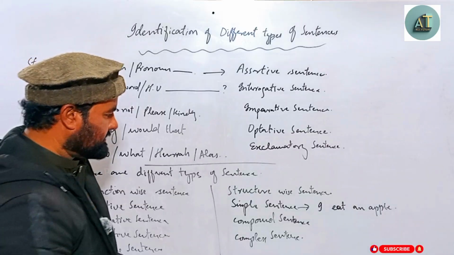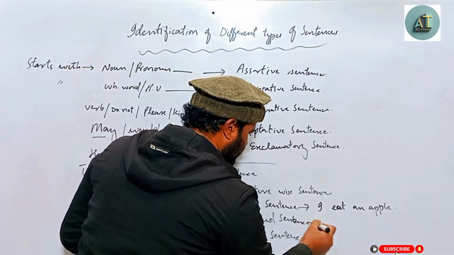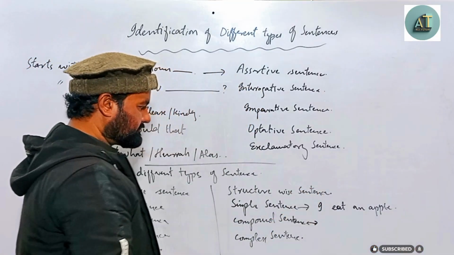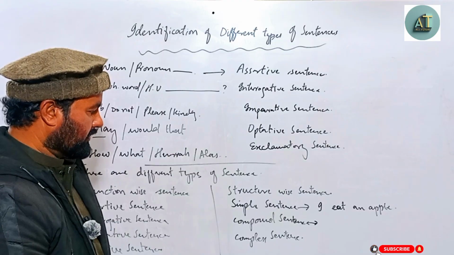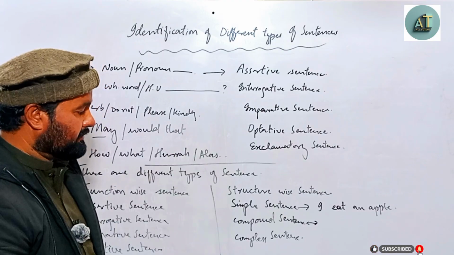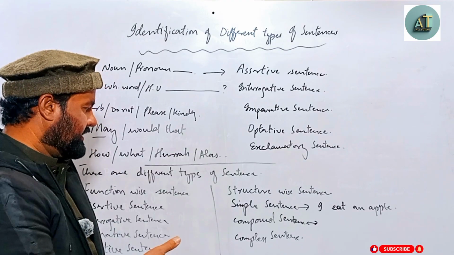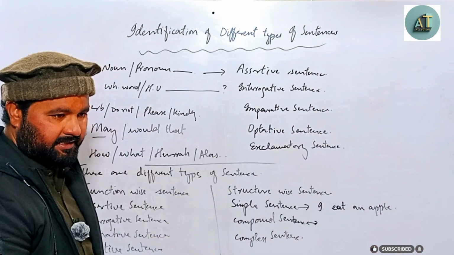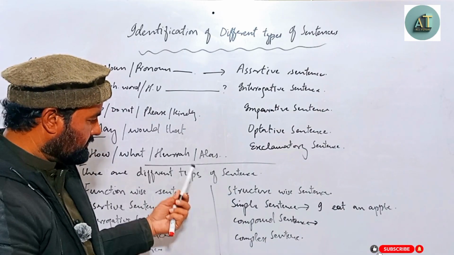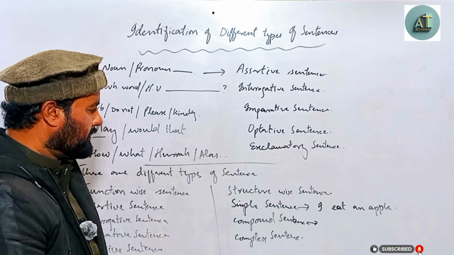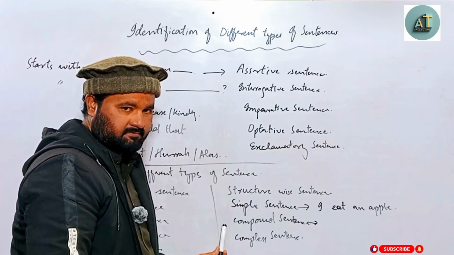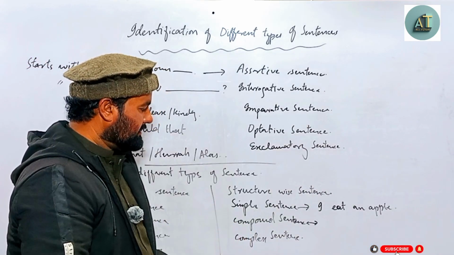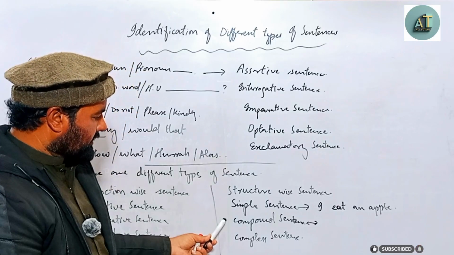And the compound sentence is the combination of two or more simple sentences that are joined with a conjunction called a coordinate conjunction.